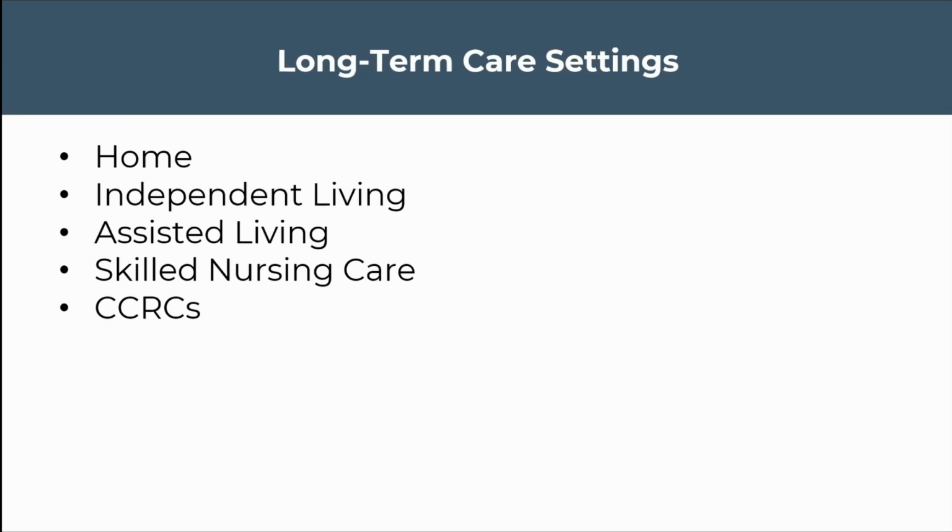This is the only one that Medicaid will pay for. So public benefits do not pay for assisted living or independent living. And by and large, they don't pay for in-home care unless you basically have no assets and your income is extremely low. And when I mean extremely, I mean like $2,500 a month or less.